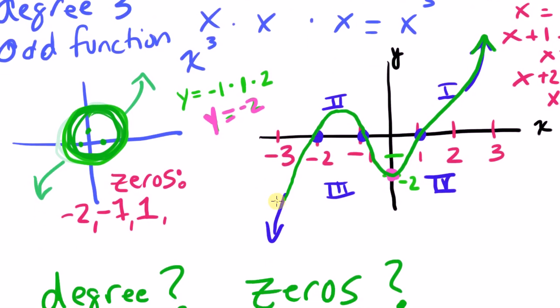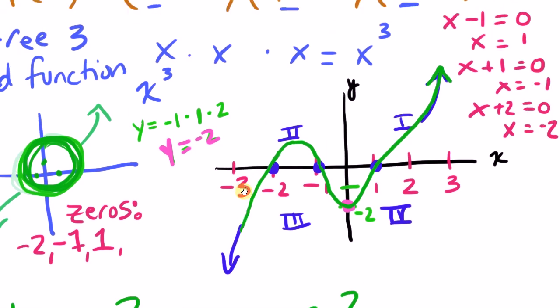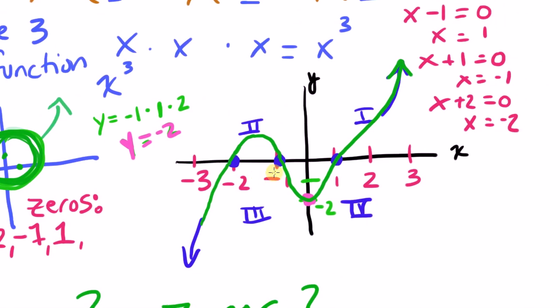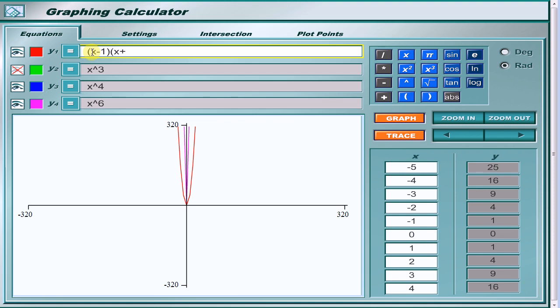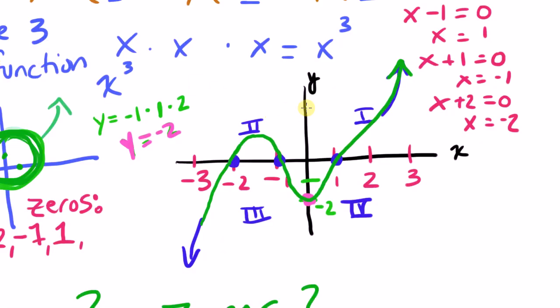So let's look at our sketch, and then let's go over here to this graph, and I hope graph does what I want it to do here. So we have x minus 1, x plus 1, and then what's it, x plus 1, x plus 2.